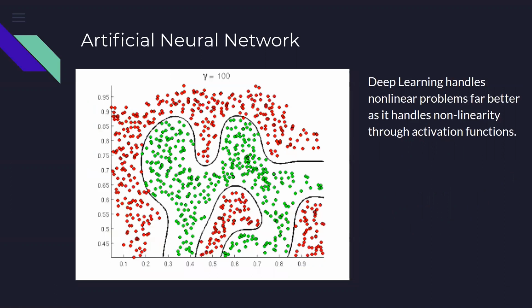Since most of the data that we receive in business, or even from nature, like genetics or weather data, any kind of data that you see, it's very unlikely that it will always have a linear or a very regular pattern, like an elliptical or a circular pattern.